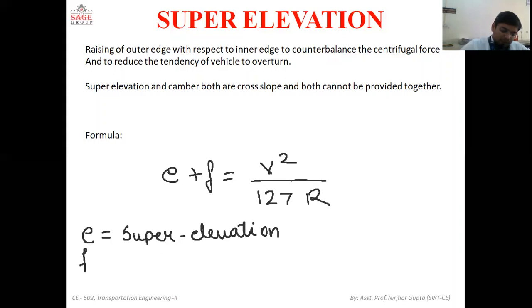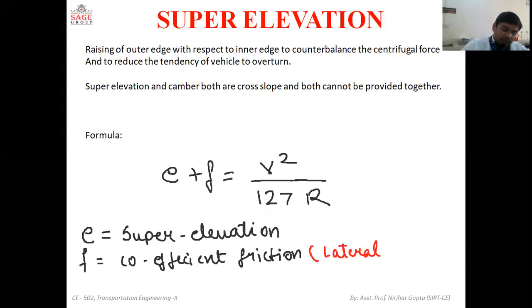F is the coefficient of friction, specifically the lateral coefficient of friction, and the maximum value as per the IRC for the lateral friction is 0.15.